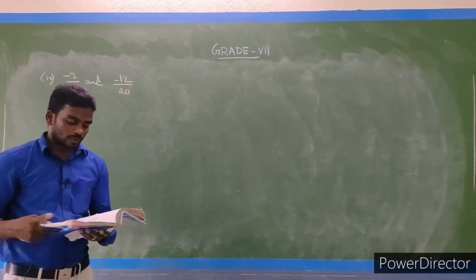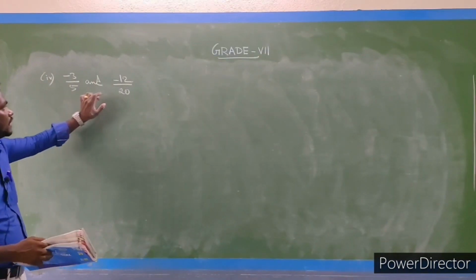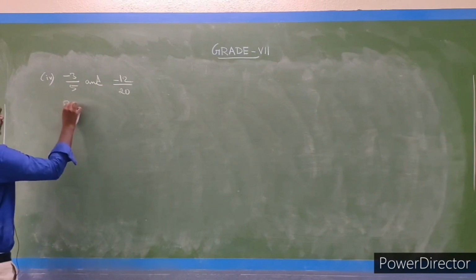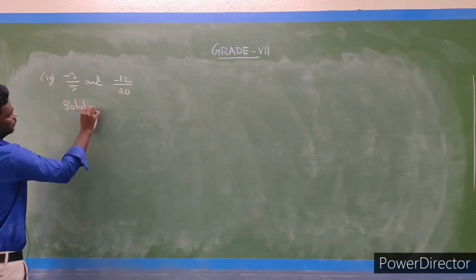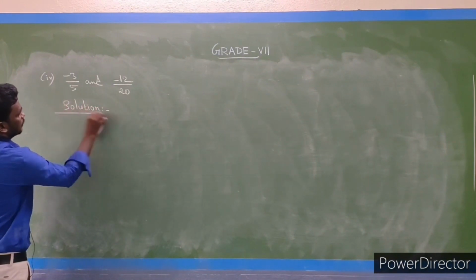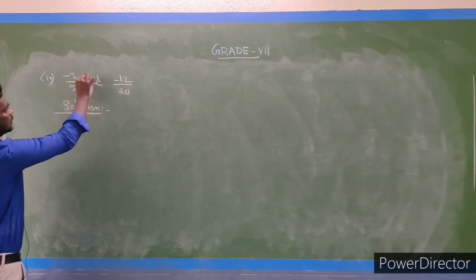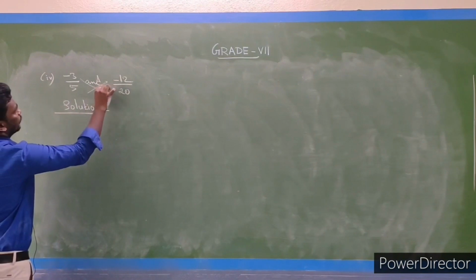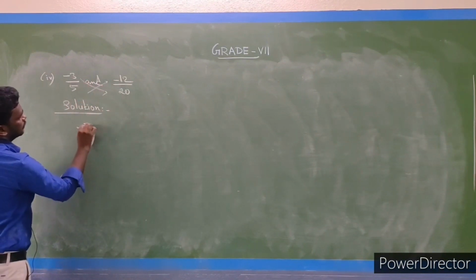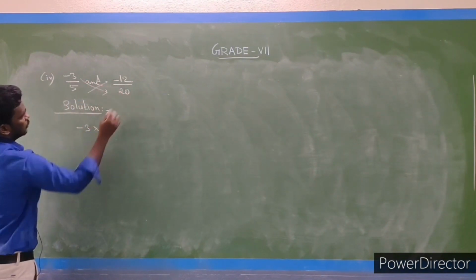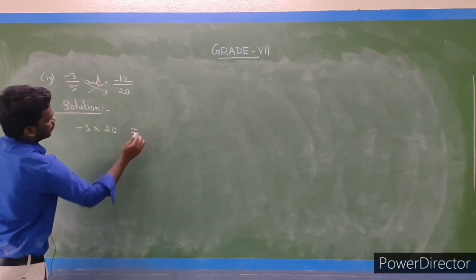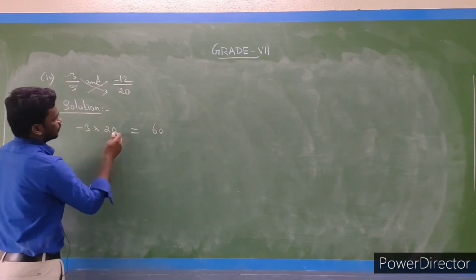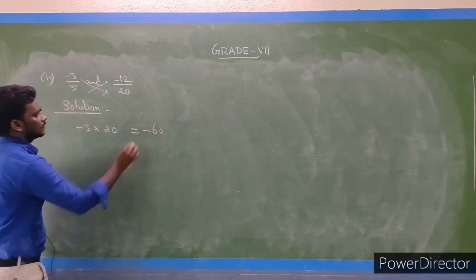Next, our fourth problem: minus 3 divided by 5 and minus 12 divided by 20. How to check whether these two numbers are the same rational numbers or not? We have to cross multiply. First, minus 3 into 20: 3 twos are 6, so 3 into 20 is 60, minus 60.